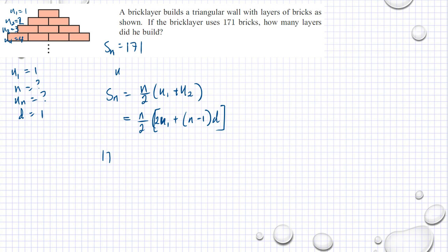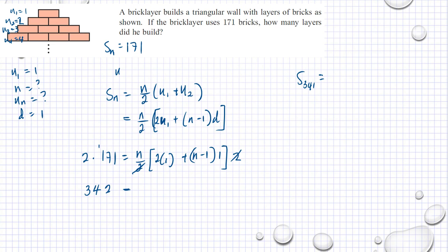Okay, S sub n is 171 and our n we don't know yet. That is what we're going to find. Then n divided by 2 times 2 times 1 plus n minus 1 times the difference, which is 1. Then if we multiply both sides of the equation by 2, we have 342, and the 2 will become 1.